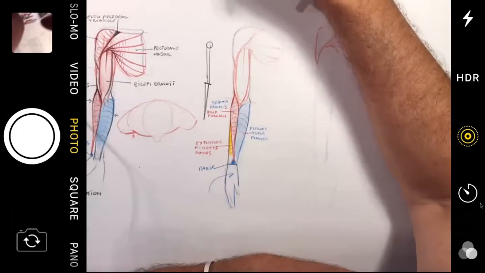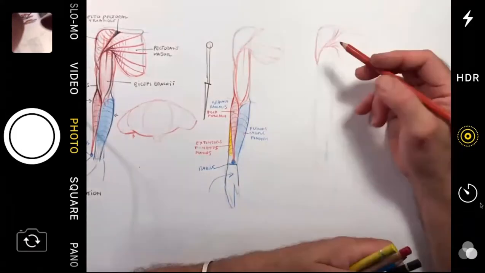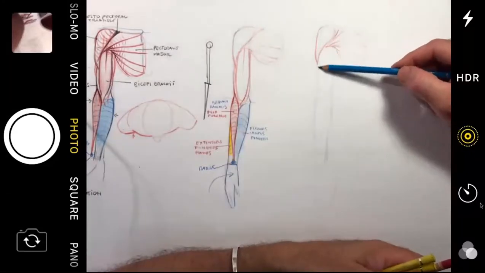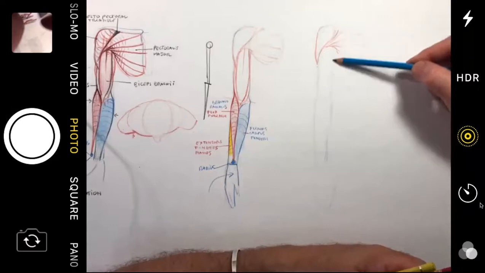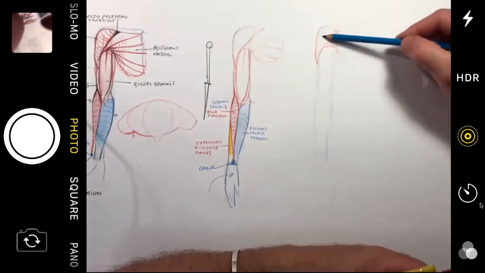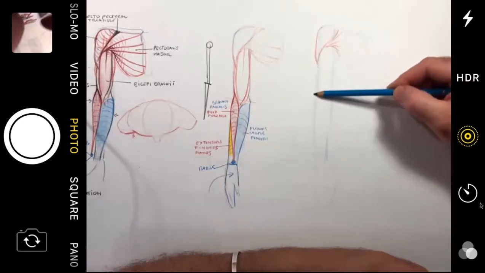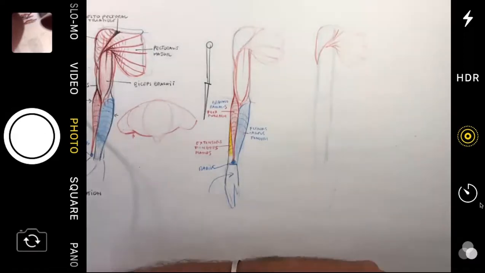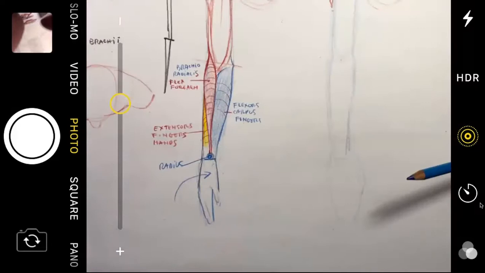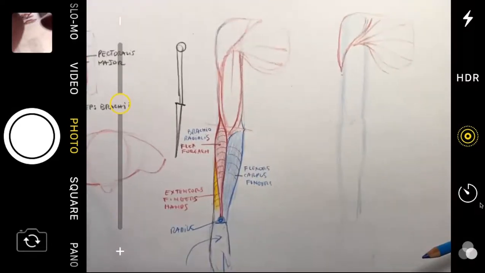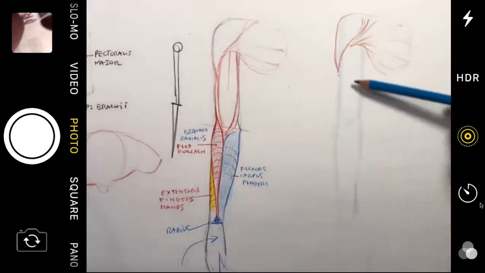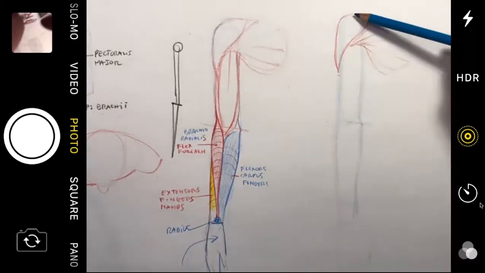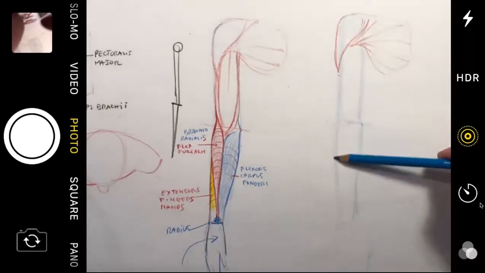Okay, so now let's see. I blocked in first the cylinder of the upper arm right here. And then based on this, I know that in a control position such as this one, assuming that is the end of the arm, this is the beginning, the forearm should be a little bit shorter than that.